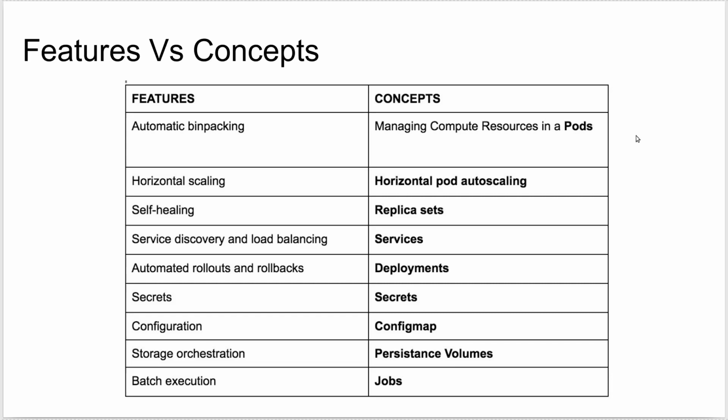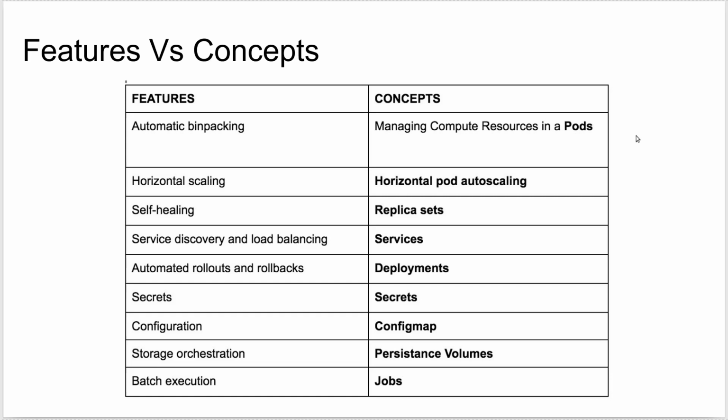A pod is an abstraction where you place containers. So your Docker images are gonna run in pods. If you have one or more Docker images running on a pod, you're sharing the network interface of that box, or you're sharing volumes. So this bin packing is done by the pods.